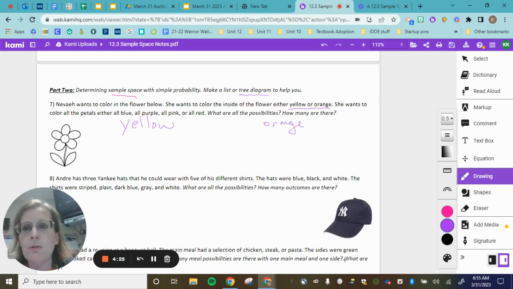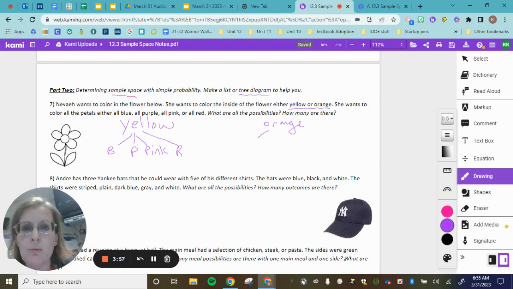She wants to color all the petals the same color, so they're all either going to be blue, purple, pink, or red. So it could be blue, could be purple. We can't use P again, so we got to actually use pink and red because we can't have PP for pink and purple. And then orange could be the same thing.